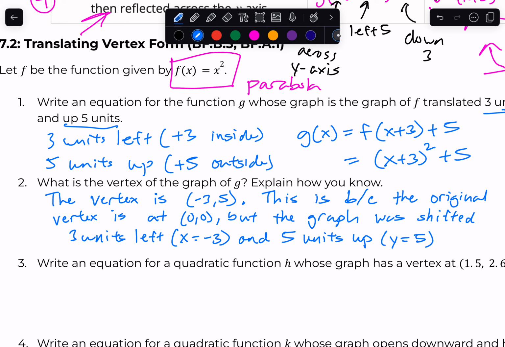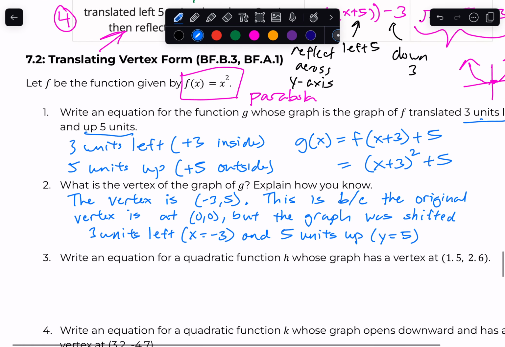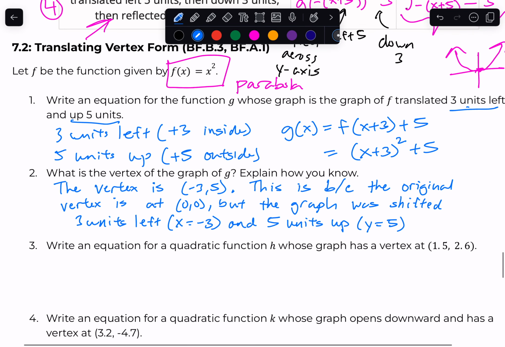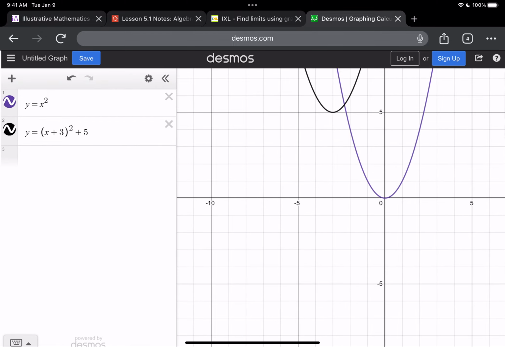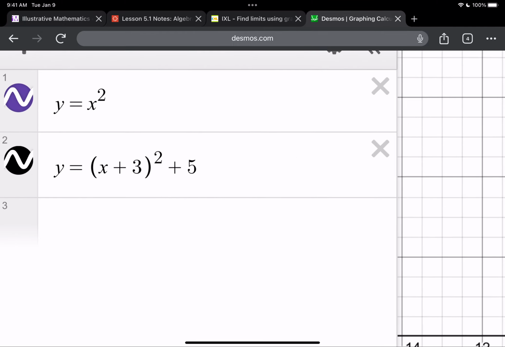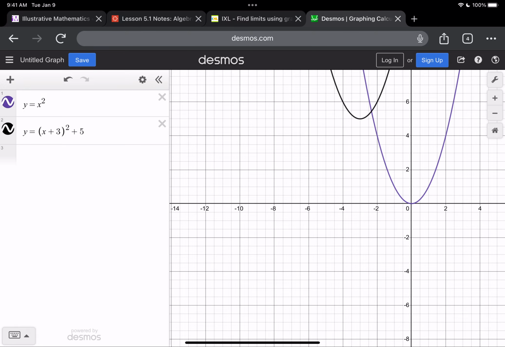So therefore, I end up with negative 3, 5. So this equation in vertex form allows us to find the vertex. That's why it's called the vertex form.